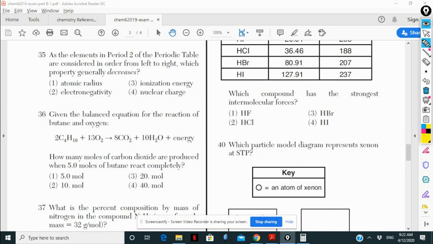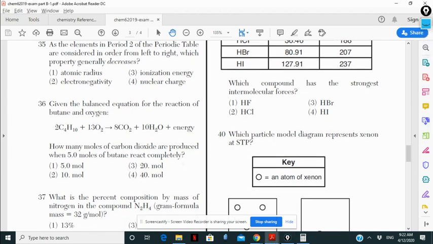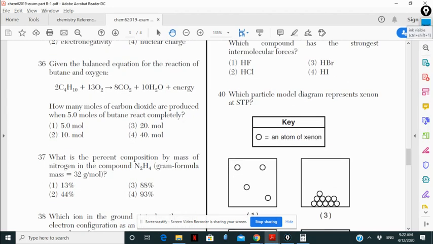Question number 36. Given a balanced equation for the reaction of butane with oxygen, how many moles of carbon dioxide are produced when 5 moles of butane react? That's stoichiometry. So it's 2 to 13 to 8 to 10.